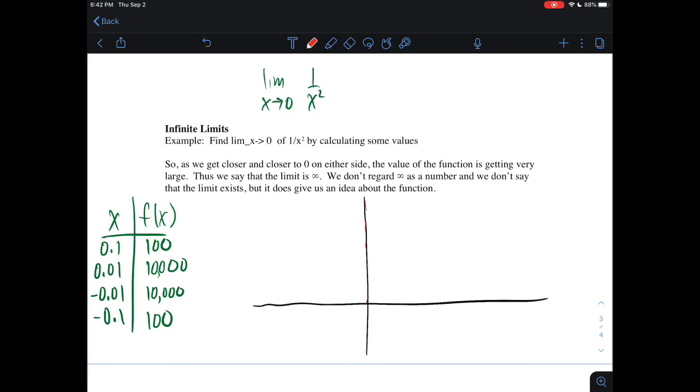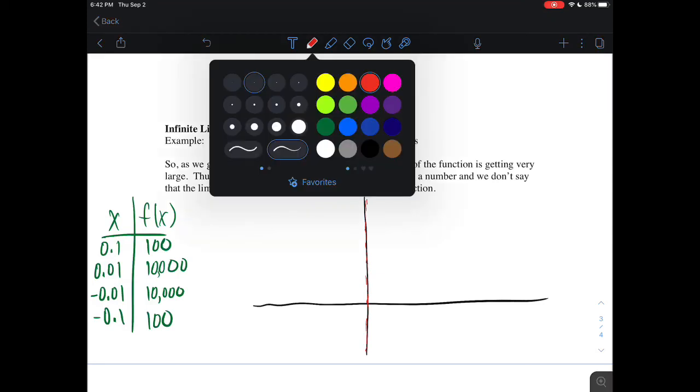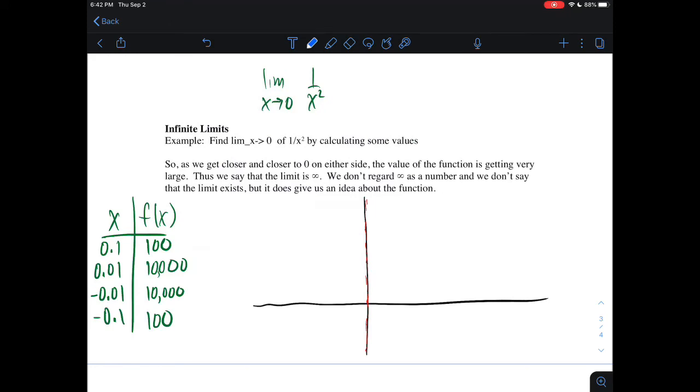So now we're learning a little bit more about these things that we saw in pre-calculus. As x is approaching 0 from the left or from the right, our function is getting larger and larger. It's going up as it's approaching that vertical asymptote. And that happens on either side of x equals 0.